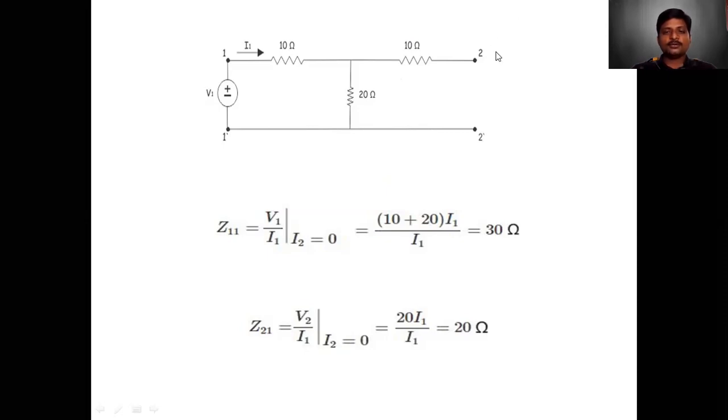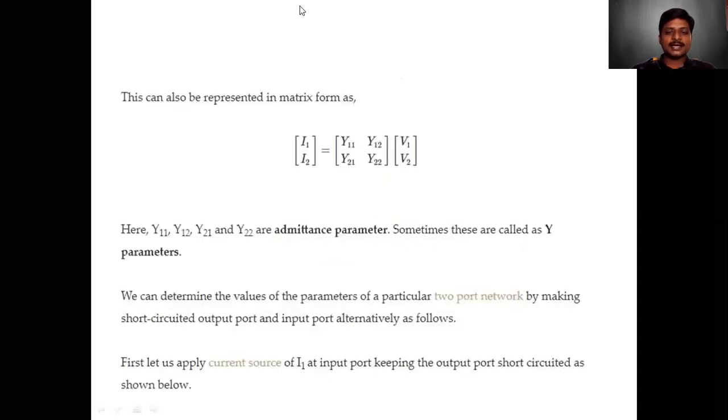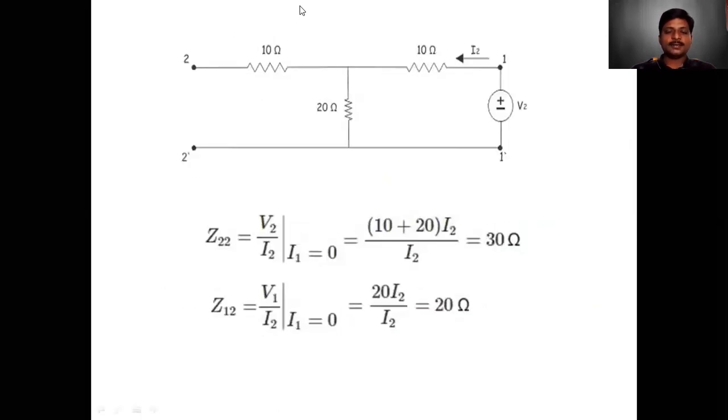Okay, so now we will try to open circuit the input port. As you can see on the diagram, you have open circuited the input port, and the output port is taken with voltage V2. In a similar fashion, by applying KVL, let us say the current direction is like this.